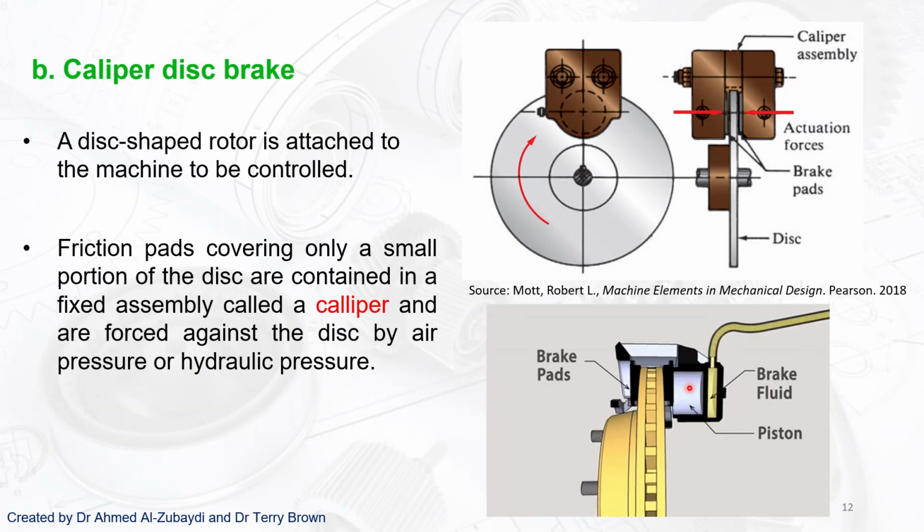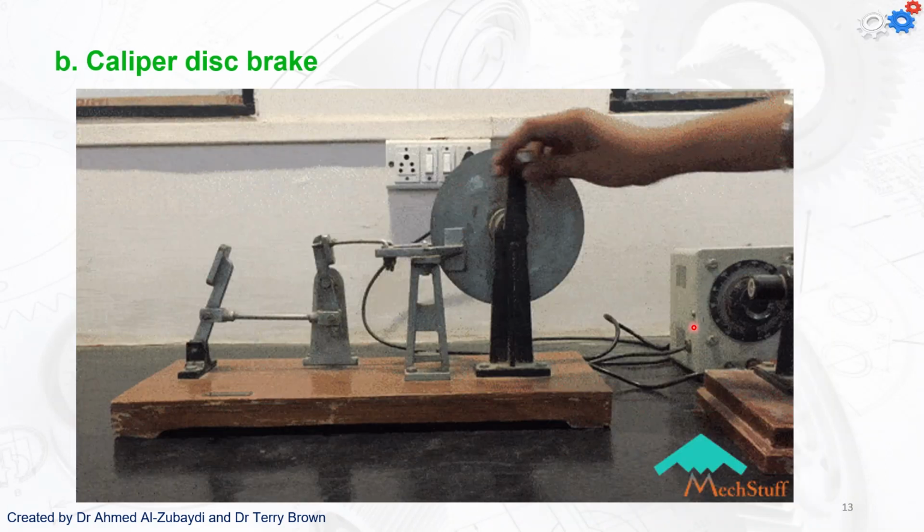I've actually also seen on bicycle disc brakes where a cam and a lever or cable is used to activate this caliper disc form of braking. Okay, what else have we got?